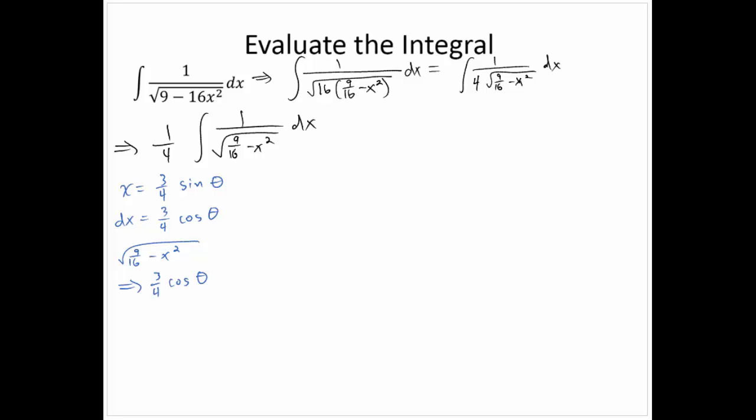So this integral becomes 1/4 integral of 1 over 3/4 cosine theta, times, and I forgot my dx, which is 3/4 cosine theta d theta. So that would be times 3/4 cosine theta d theta.